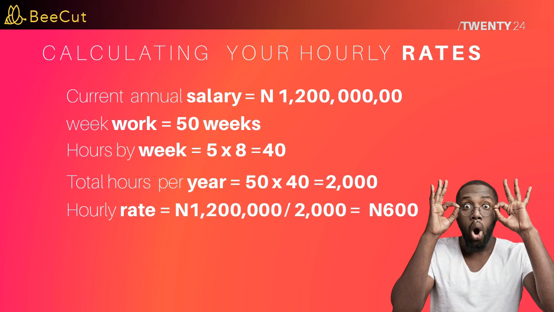So you are paid 600 per hour if you're on a monthly salary of 100,000, which translates to 1.2 million yearly. You have a total of 2,000 work hours for this kind of setting.